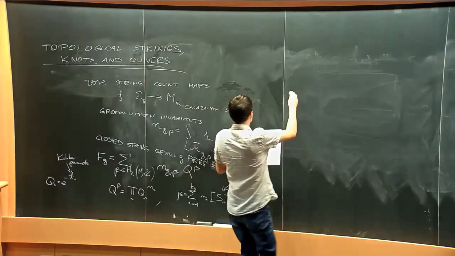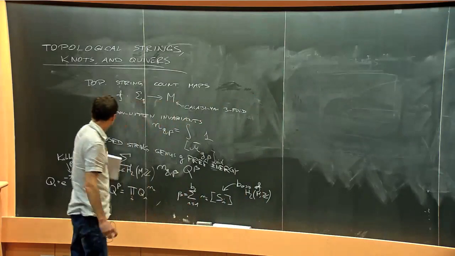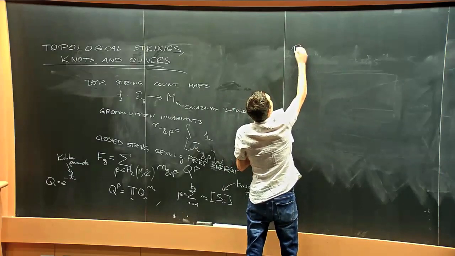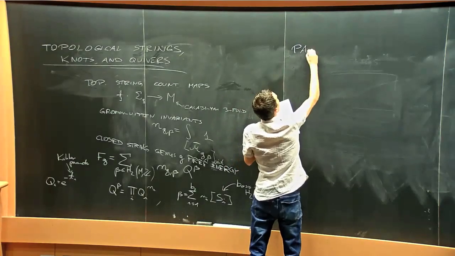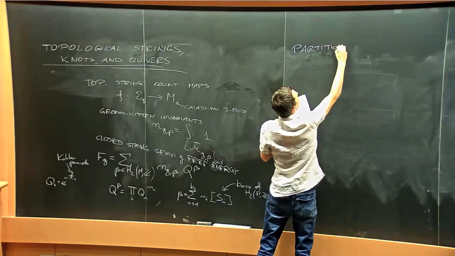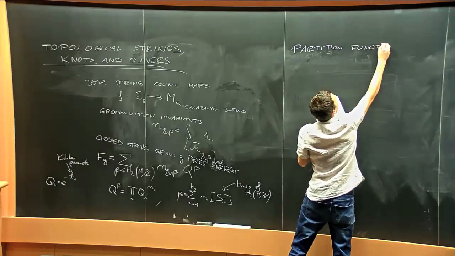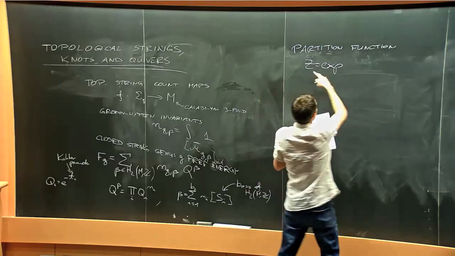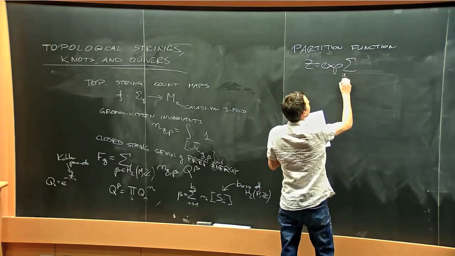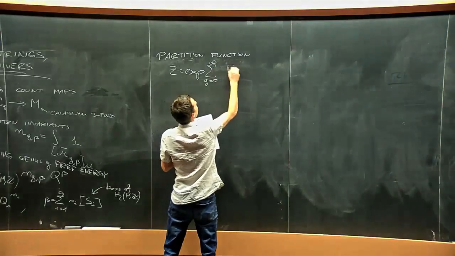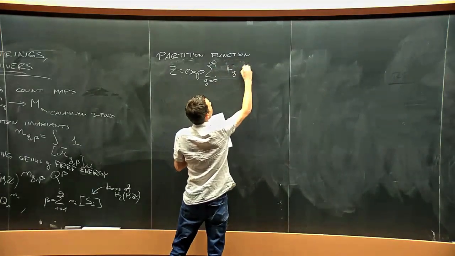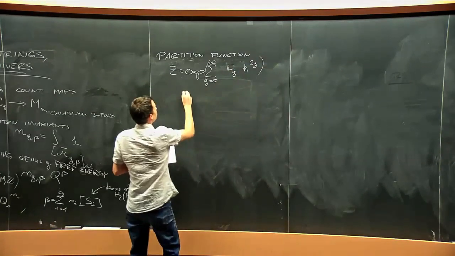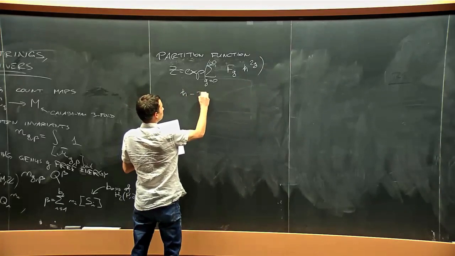And then it is also useful to assemble all of these genus g free energies into the full free energy, which is also related to the partition function. So this is the exponent of the free energy, which assembles all of those F_g together with some coefficient, which is called the topological string coupling. I denote it as h bar.